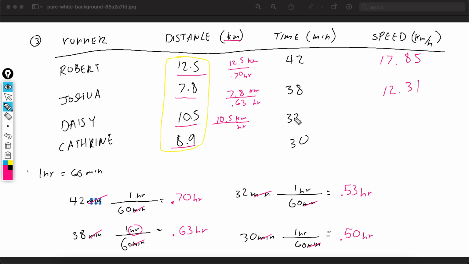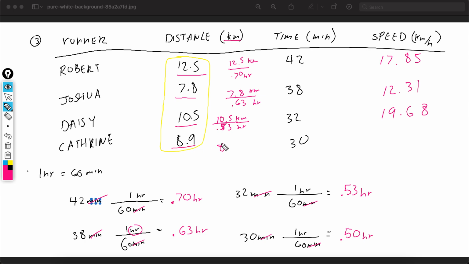What is hers? 32 minutes. We converted it to an hour. It was 0.53. Very good. We divide that, 10.5 divided by 0.53, and that gives us 19.68 kilometers per hour, right? Because km over hr.